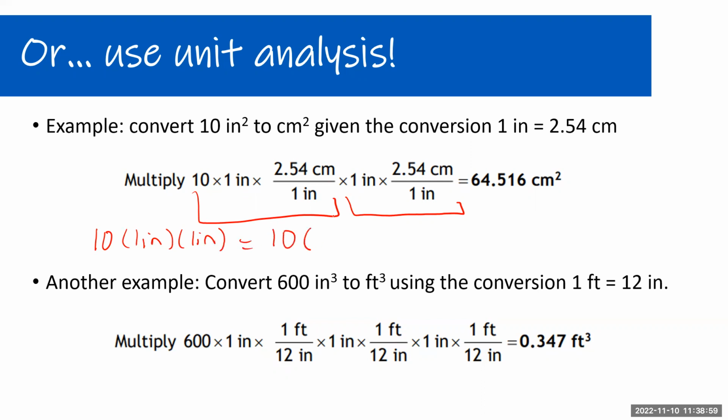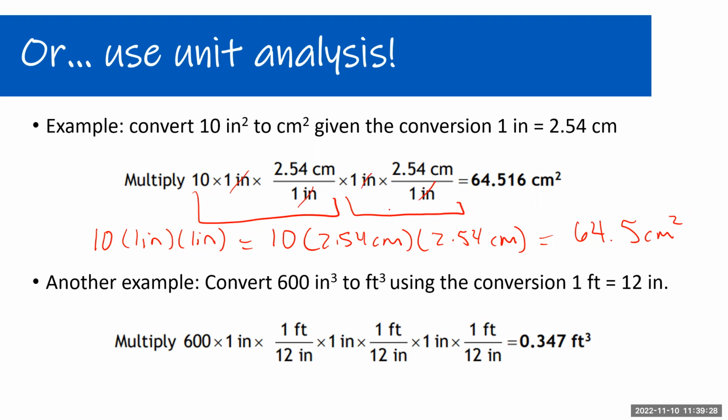So that's going to be 10 times 2.54 centimeters times 2.54 centimeters. Doing the exact same thing as unit analysis here. We're just not breaking it down mathematically the same way, and that's going to give us the exact same answer. But if you want to think about inches canceling with inches, you can certainly do that too, whichever way makes the most sense to think about.